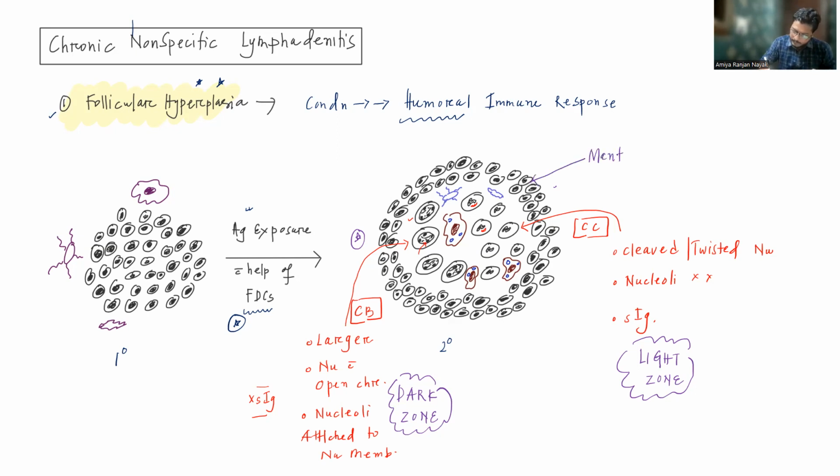If you compare them, the germinal center as a whole is lighter compared to the mantle zone. However, inside the germinal center we again have two zones: one is the dark zone, another one is the light zone. The dark zone is because of the centroblasts, and the light zone is because of the centrocytes.